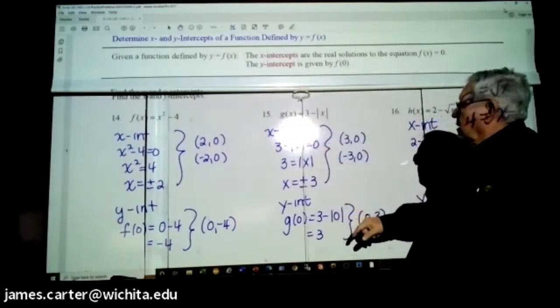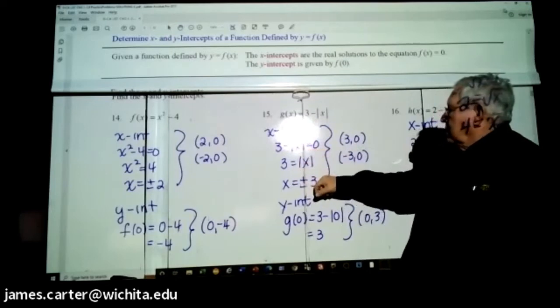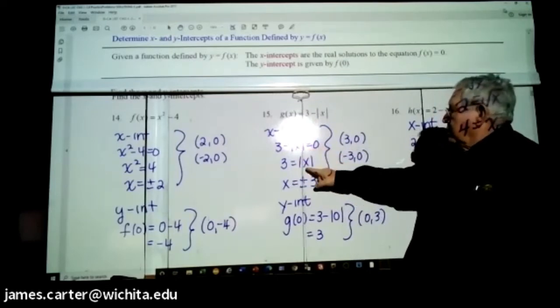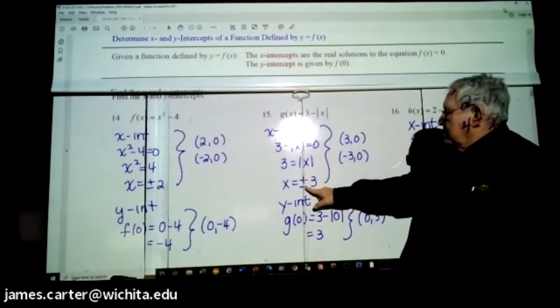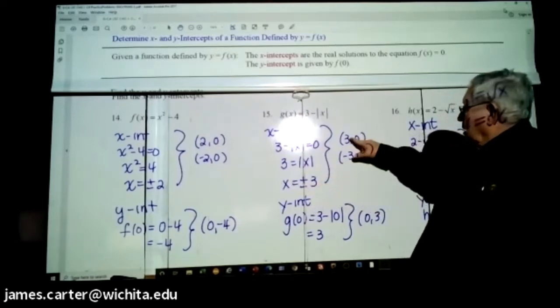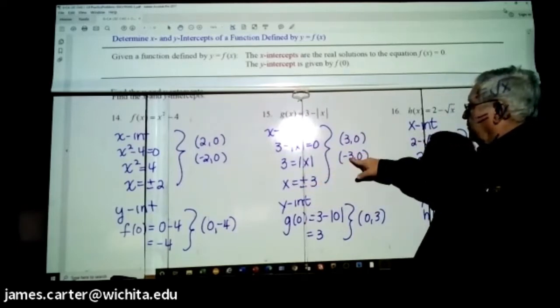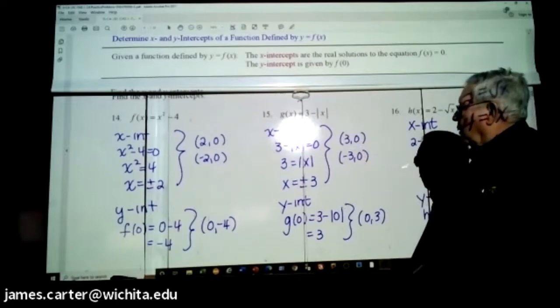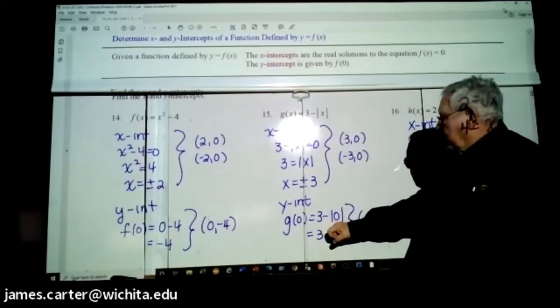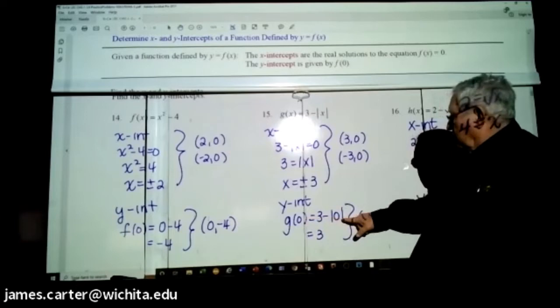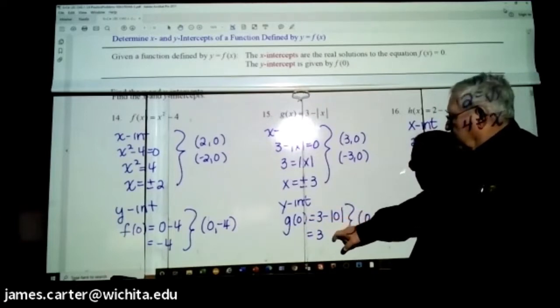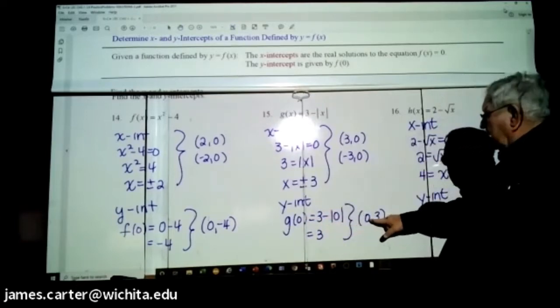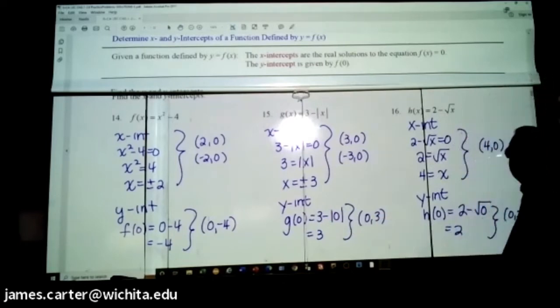So we get 3 minus that. Take the 3 over to the other side, remove the absolute value, plus or minus, so we get plus or minus 3 for the x value, 0 for the y. On the y-intercept, we replace x with 0, so here, absolute value of 0 is 0, so we get 3 and the point (0, 3).